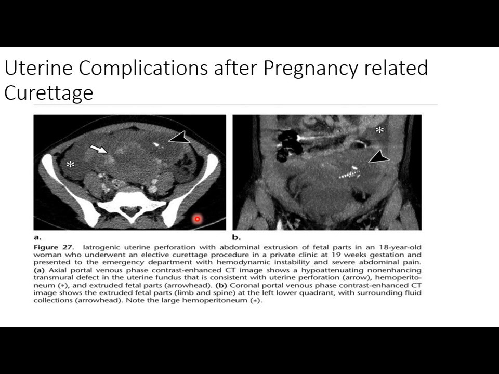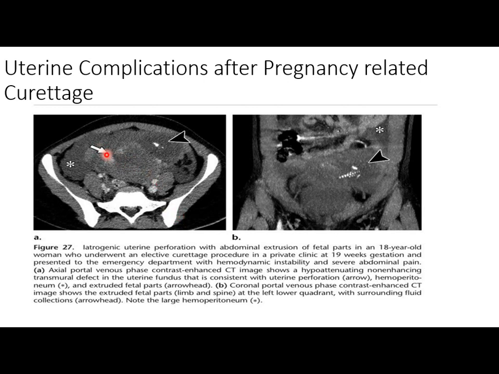Uterine complications after pregnancy occur, most commonly perforation of the uterus, and in most cases they don't appear on imaging because they are very small and are diagnosed at the time of performing the procedure. For example, this case presented with severe abdominal pain and shock.